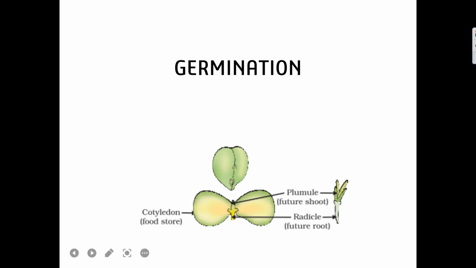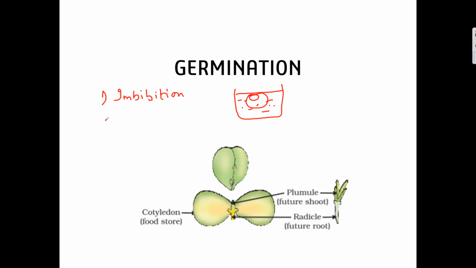So how does the process of germination take place? It happens in 4 stages. The first stage is imbibition. Suppose this seed, it will take a lot of water. When you place it in the soil, it will take up a lot of water and grow in size.